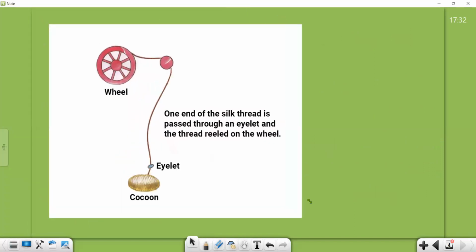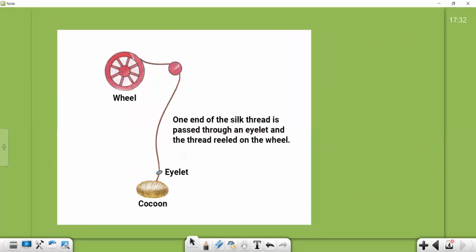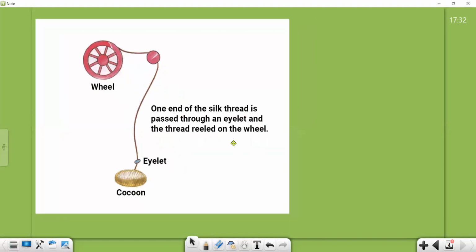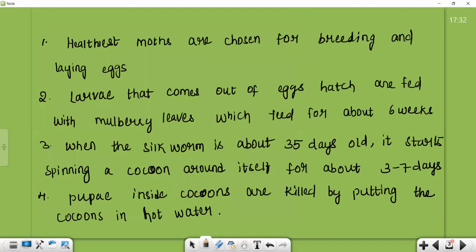Can you see here what is happening? So one end of the thread is passed into the eyelet and the thread is reeled on the wheel. Can you see the process here? Yes, ma'am. So what is the fifth process we are doing?